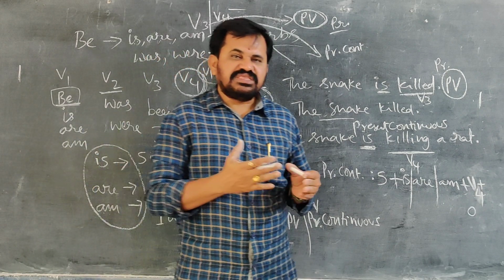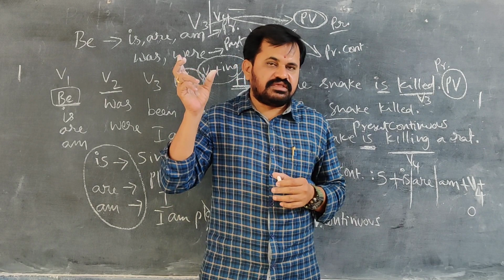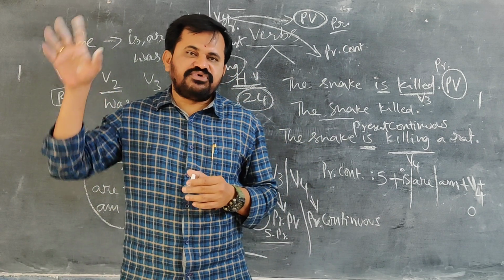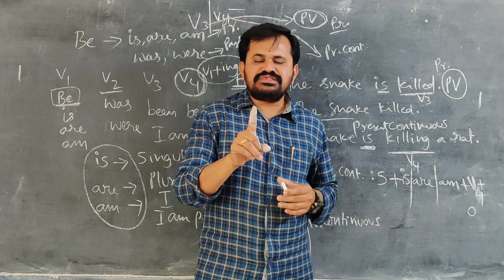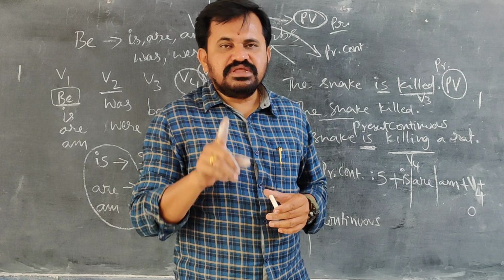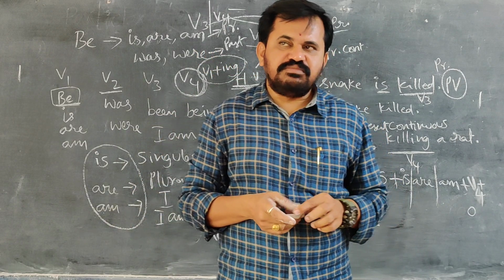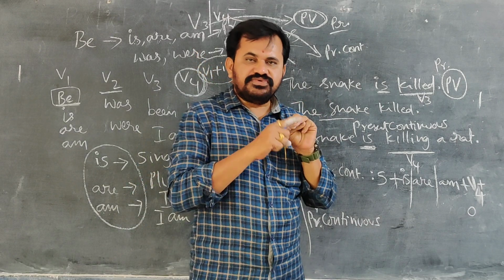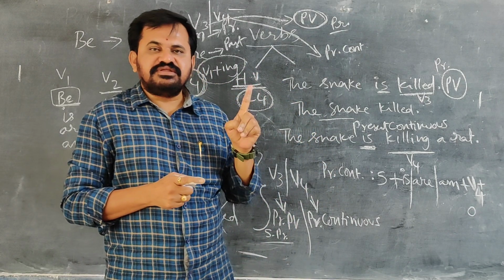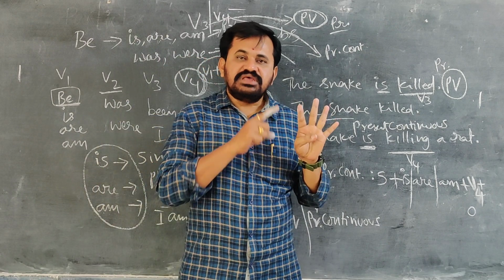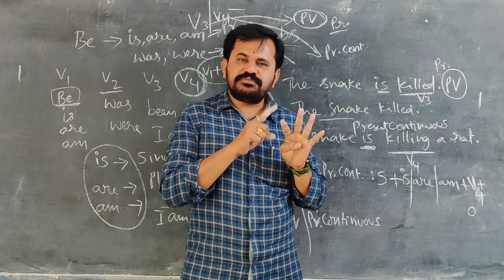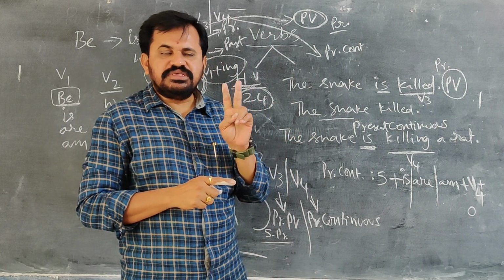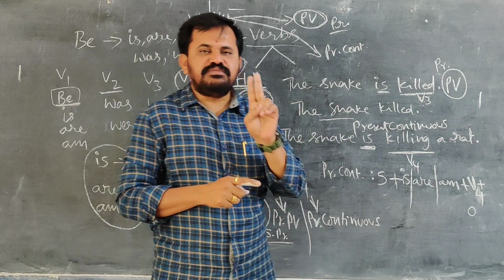Why? How? Whenever you hear continuous, you have to remember V4 will be there. This continuous word will be in 6 tenses of the 12 tenses. Basically, tenses are 3: present, past and future. Again, each tense is divided into 4 types. In those 4 types, continuous comes in 2 places.